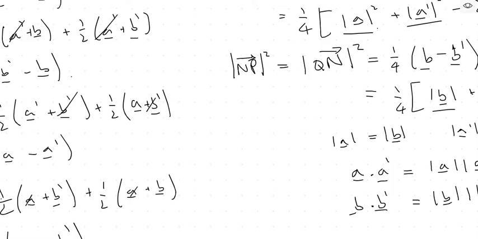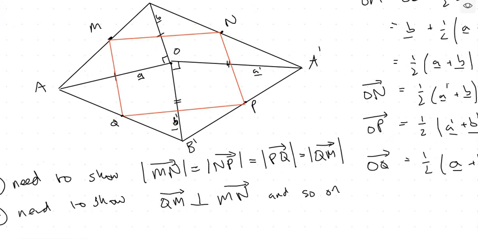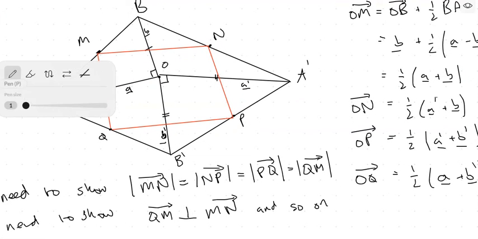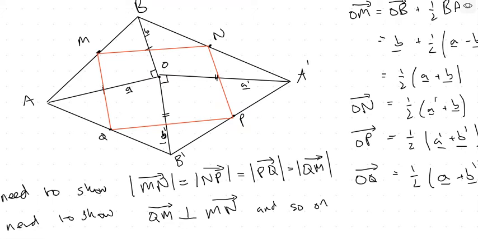So the angle between A and A dash, if we go back to our diagram, is this one. I'll do it in different colours actually. Red, and this green one here. And we need to show that these two are the same.